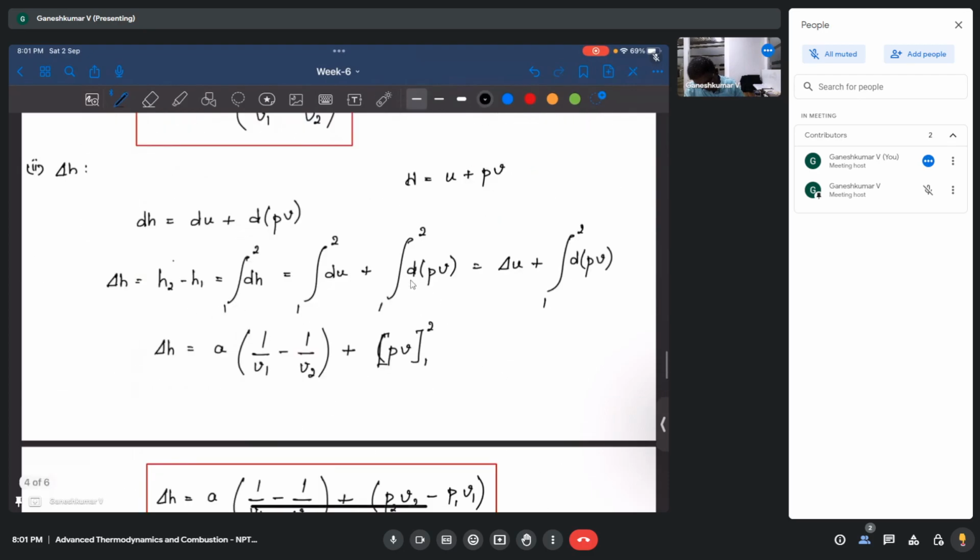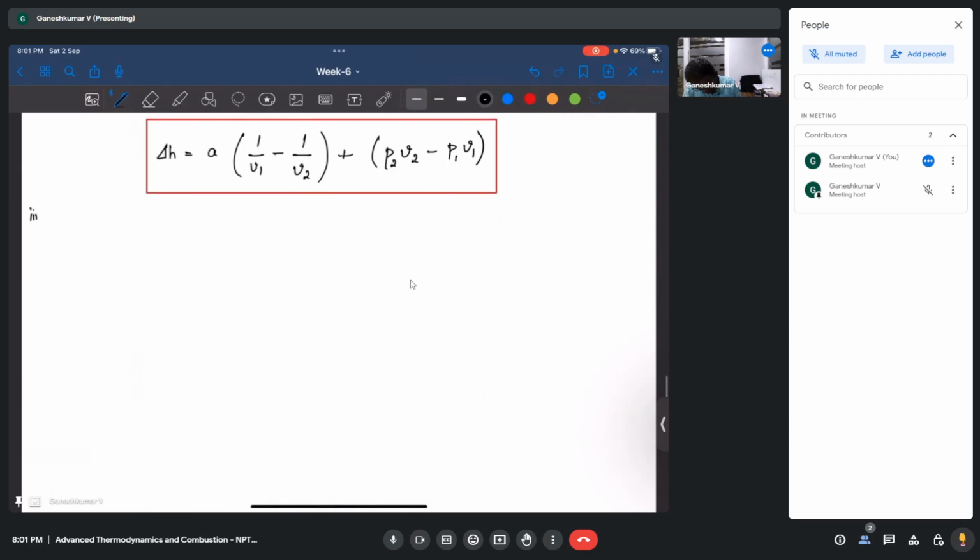The next one is delta S. How do we find the entropy change? Similarly, we use the equation for change in entropy, which we already know. It's Cv/T dT plus (∂P/∂T) at constant V dV.